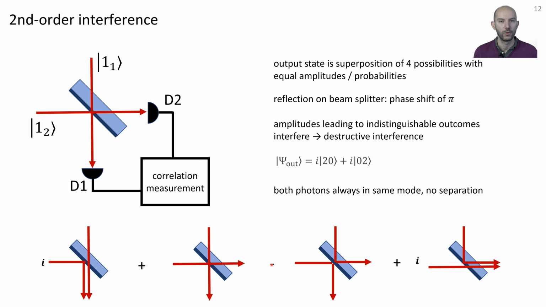Which means in total that this realization of the experiment, both photons going out at different paths, never can be realized. Leading to the output state shown here, that we either have 2 photons in the first mode or 2 photons in the second mode with a certain phase shift. This is the same concept of path interference that we discussed for the interferometer before, just now used for 2 photons.